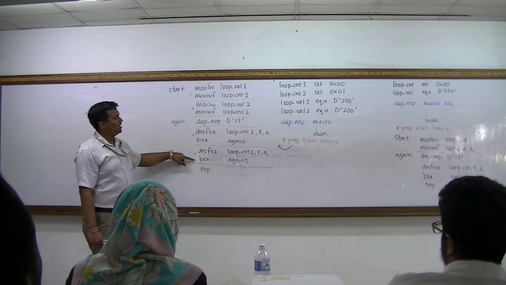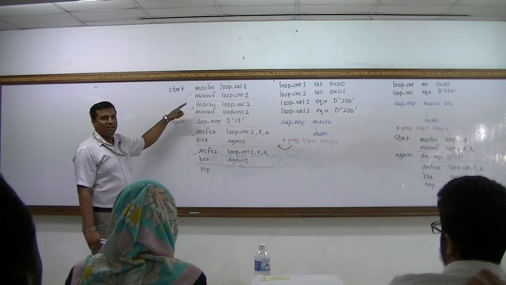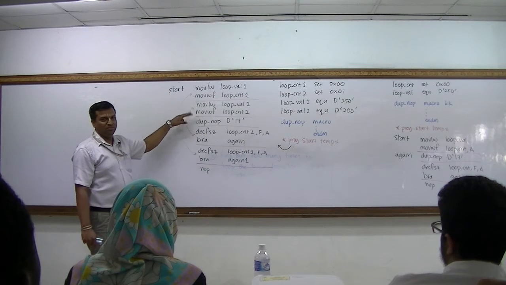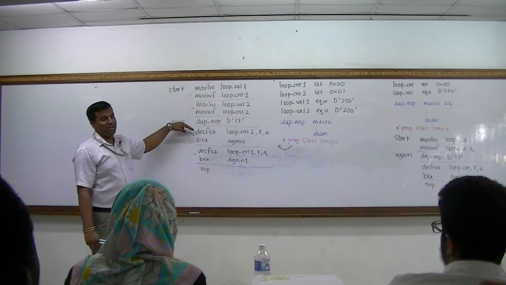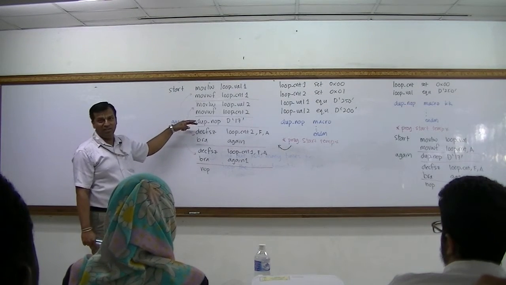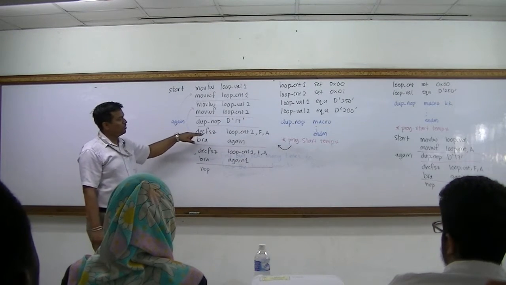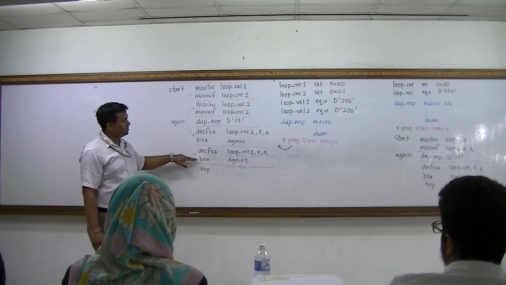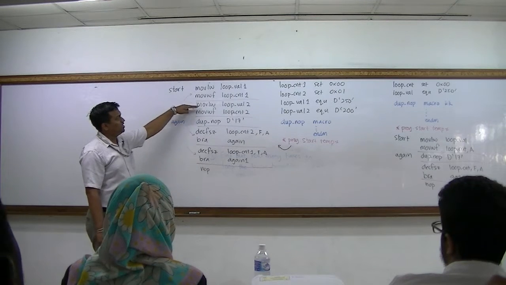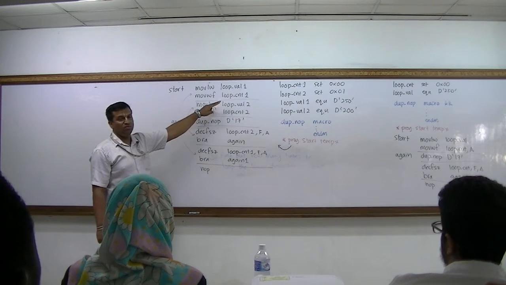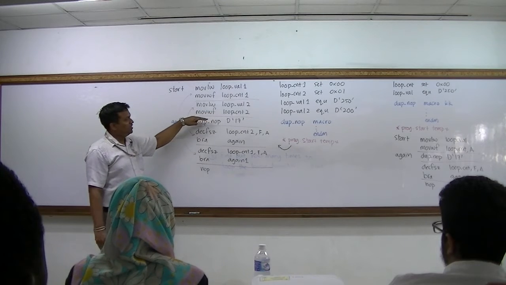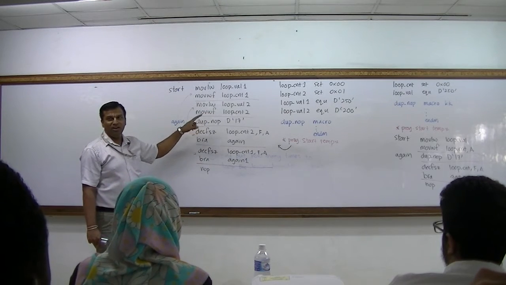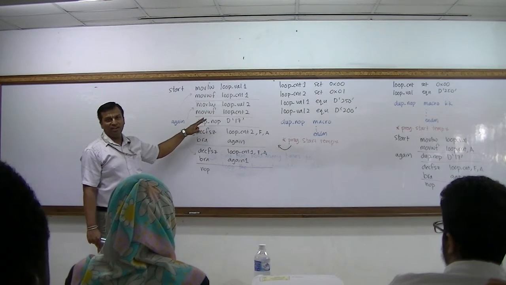So when you branch again, you need to run this thing again, right? This one already ran 200 times. But remember, this 200 times, you need to run it for 250 times. So now because loop count 2 has already become 0, the branch again should go here so that you can load back the value of 200 to loop count 2. Then only this loop will run again for 200 times, for the second time.